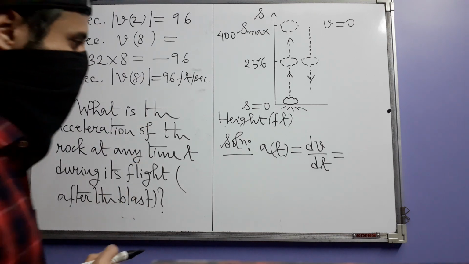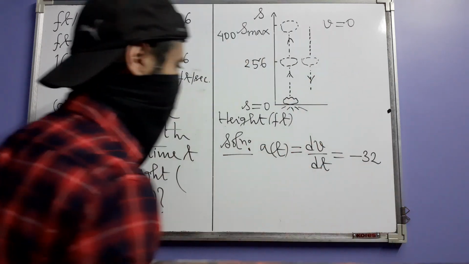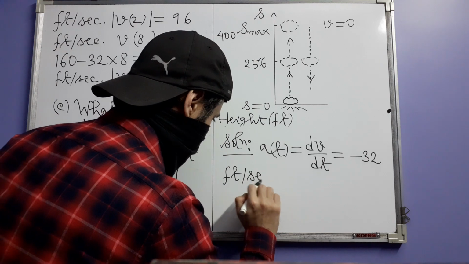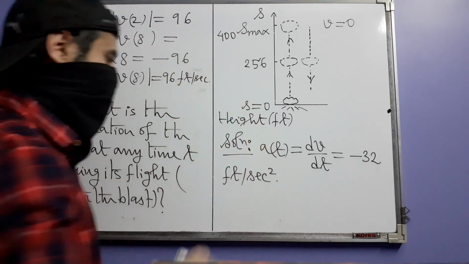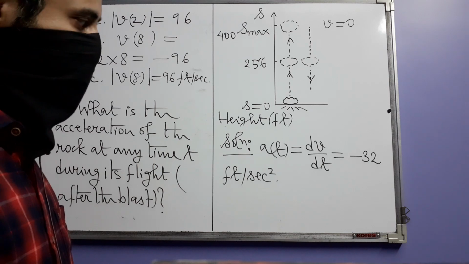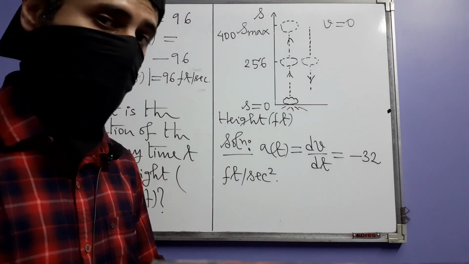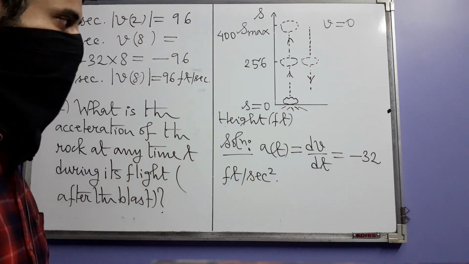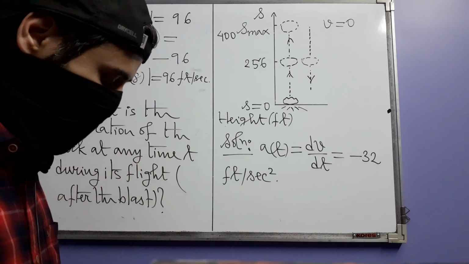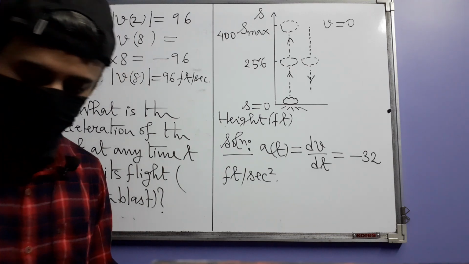If you differentiate that with respect to t, you get minus 32 feet per second square. So here also acceleration actually ultimately does not depend on t, it is constant. So this is another situation where acceleration is constant. And finally there is one more part.